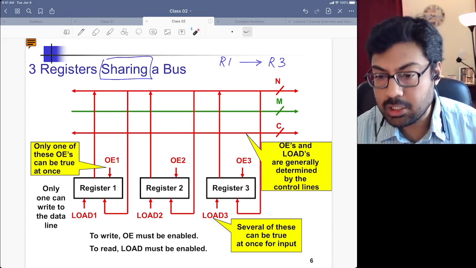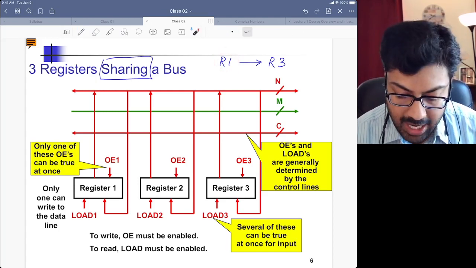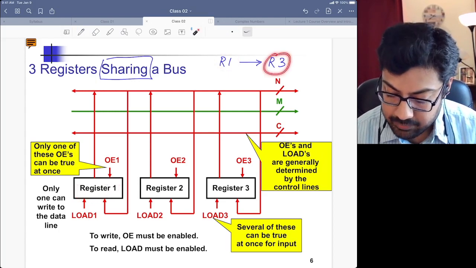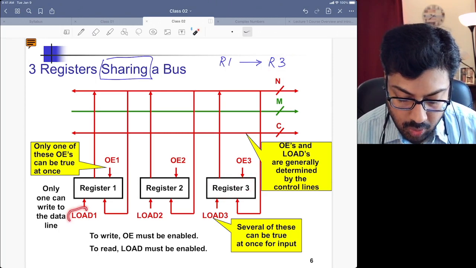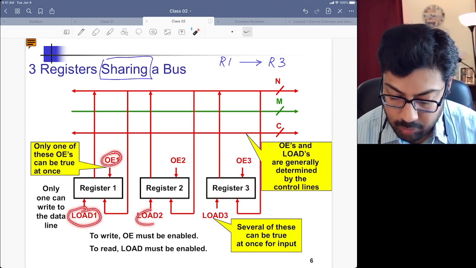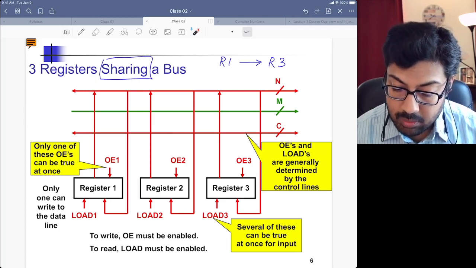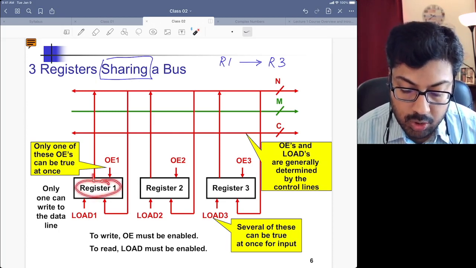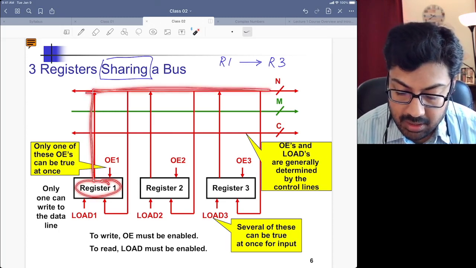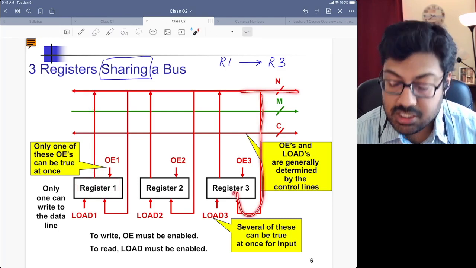Alright, so suppose we wanted to move the current contents of register 1, R1, to R3. Each register has two controls, which are load and output enable. Now, if you want to move R1 to R3, first you would need to move register 1 to the data bus, and from the data bus you would need to move to register 3.